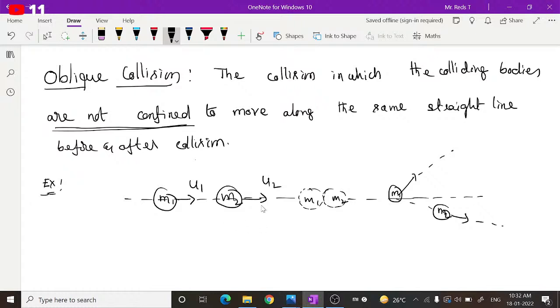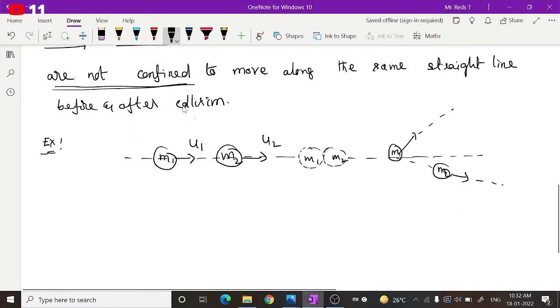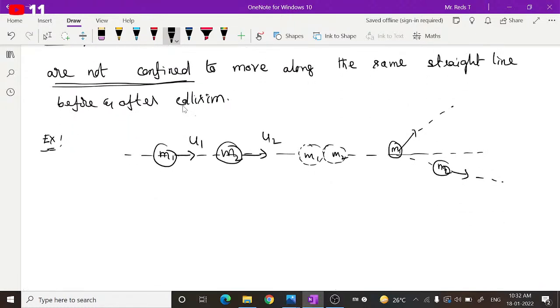So this is briefly about one-dimensional or head-on collision, and oblique collision, or two-dimensional and three-dimensional collisions. The bodies may move in a plane, or in three-dimensional space also. Next, another kind of classification of collisions is based on conservation of energy. Let us see those points.